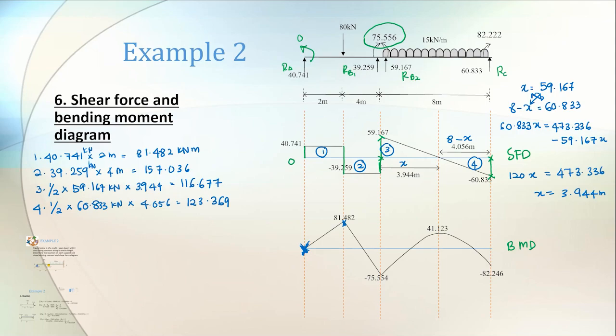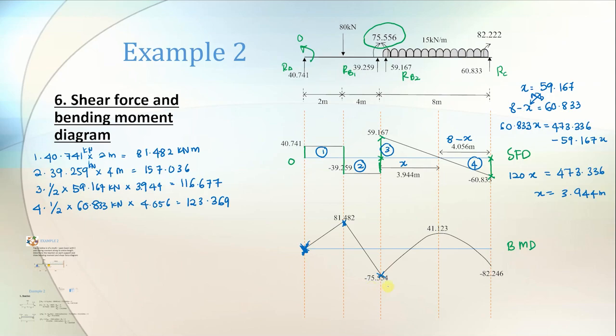So when it is below zero, it means negative area. Then 81.482 minus 157.036. Then I get this value, which is negative. And I see there's a triangle here, which is positive, at the positive area. So we plus with 116.677.